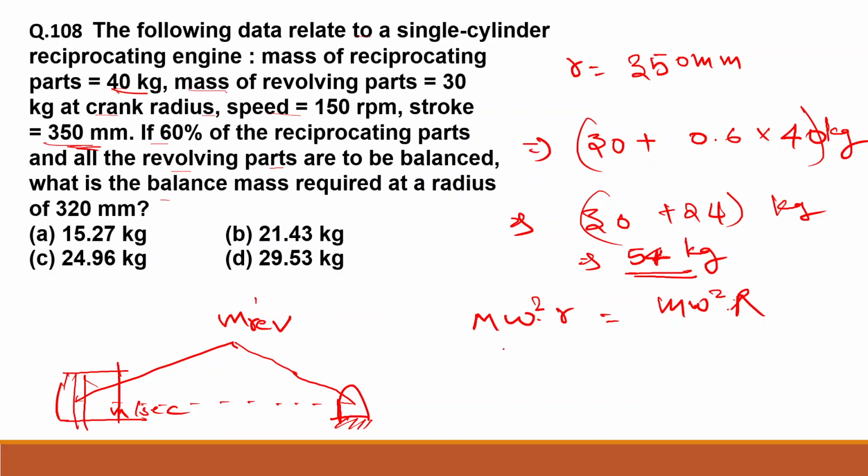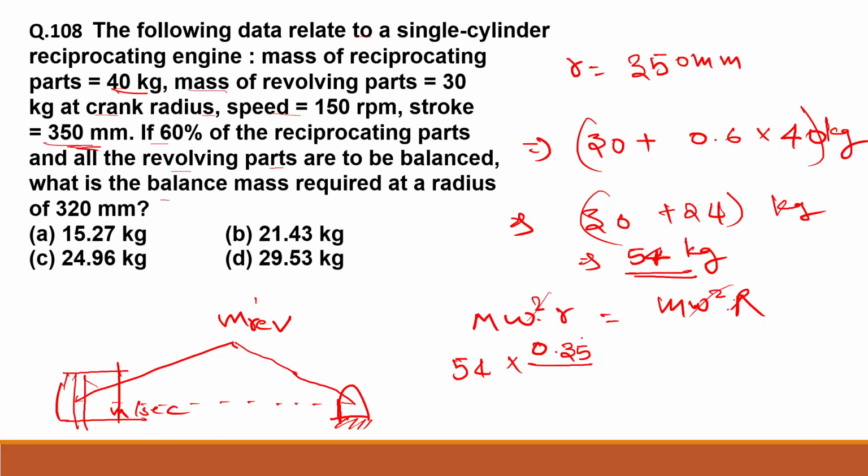By writing here the mass given, 54 into r, w square will cancel, and r is equal to 0.35. By converting 350 mm into meter we get 0.35.